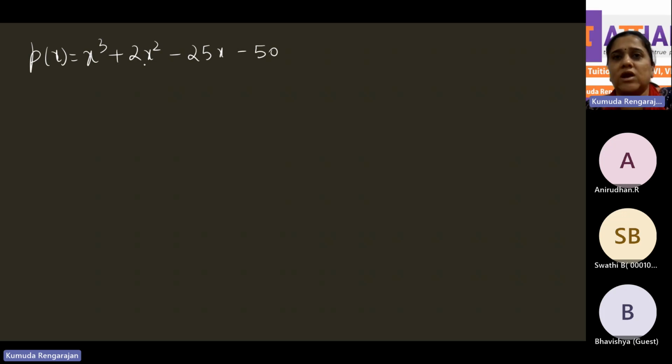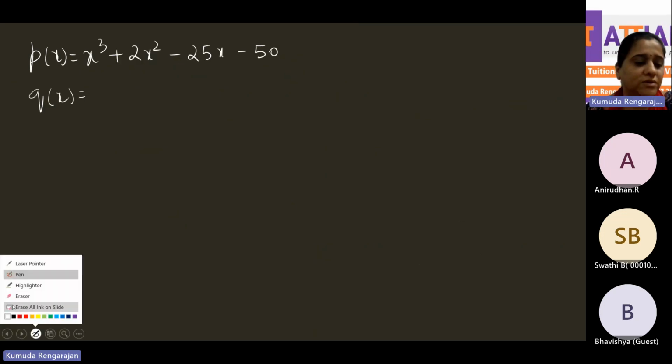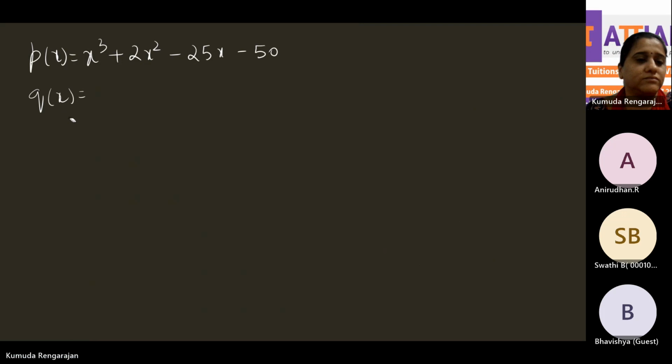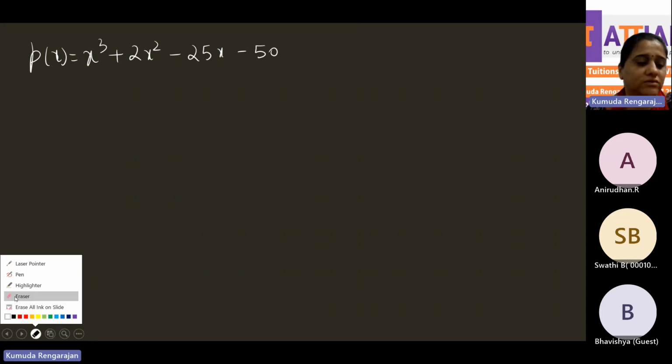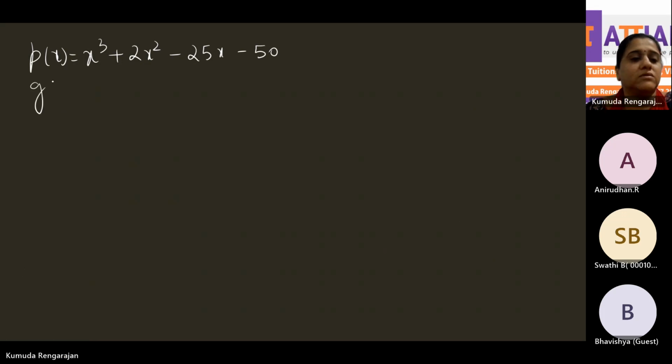We'll call it P of x or Q of x, F of x. In the bracket, what you write should be the variable. And then G of x is equal to x plus 5. We can even call it G of x, x plus 5.